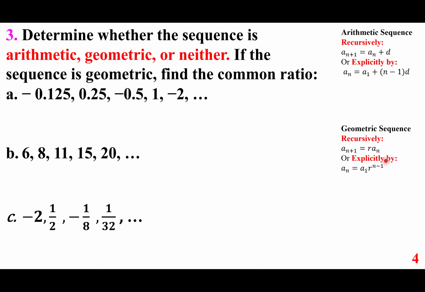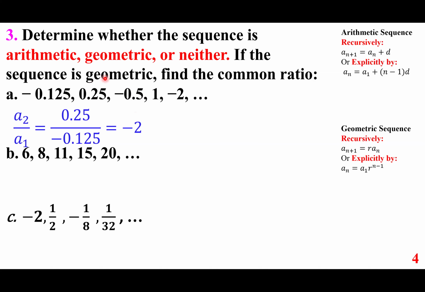So for example, we may recognize that the ratio of these two and these two are the same. Let's write the ratio of these two: a sub 2 over a sub 1 is 0.25 over negative 0.125, and you get negative 2. But this is not enough.